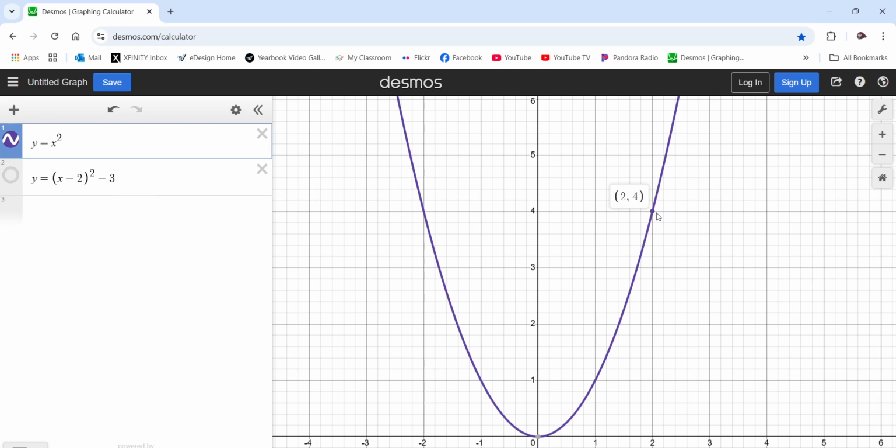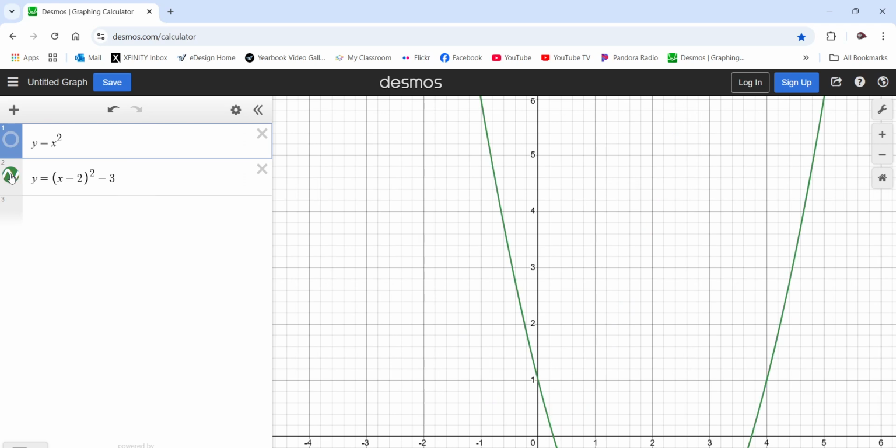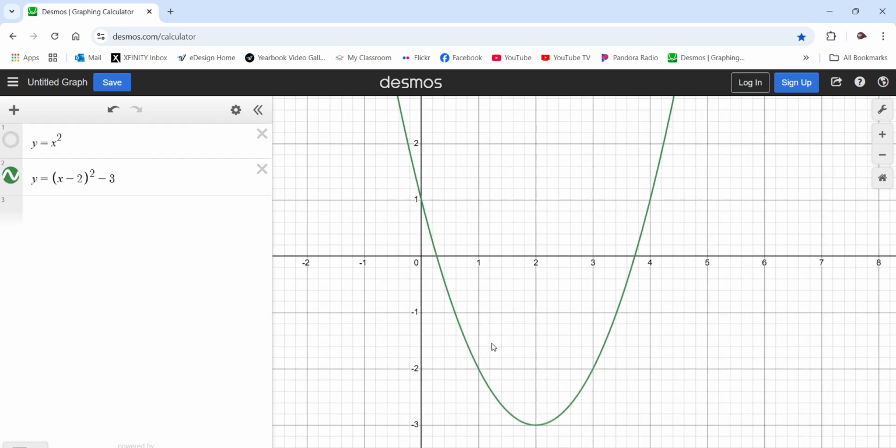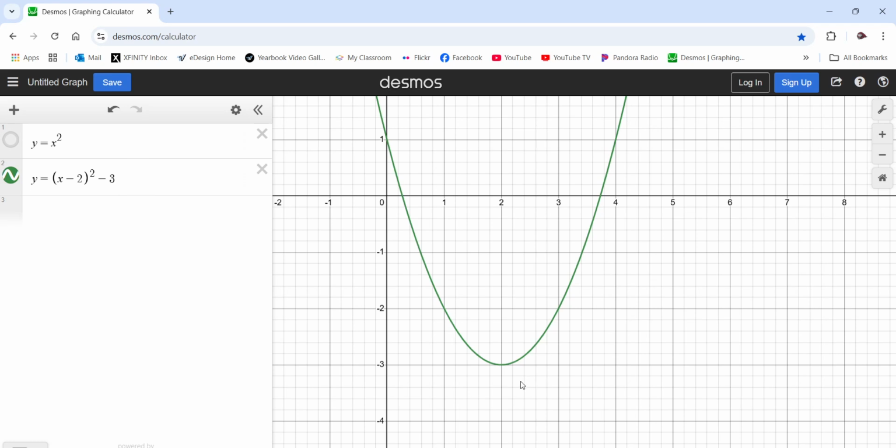And really, that's enough. All right? So watch. When you move it down like this, let's get rid of that one. Let's go to this one. Look what we do. We know where the, quote, origin is going to be. It's not at 0, 0 this time. Where is it? It's at 2, -3. All right, so you know you're going to start right there at 2, -3. So watch this.